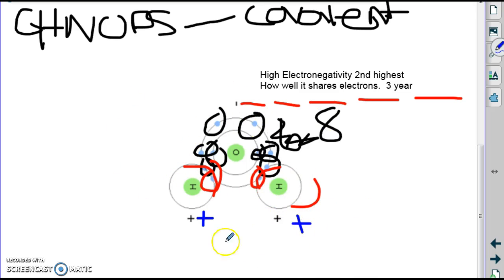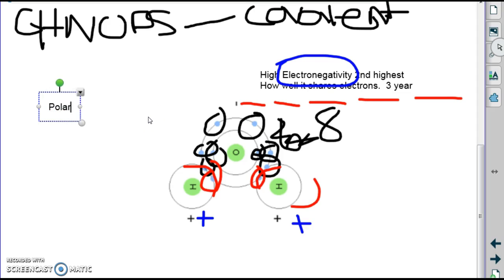So the whole thing really isn't a charged atom by any means, but it does have a slight charge to it, and that has to do with its electronegativity, or how well it shares those electrons, okay? And because this has this highly electronegative charge to it, it's become something that we call polar.